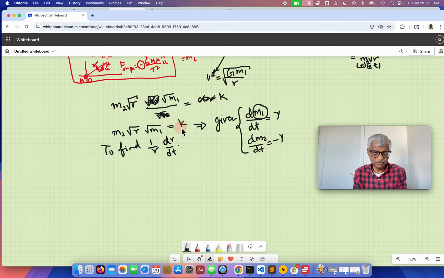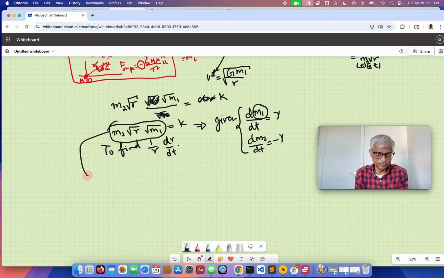This is a product of everything, so this is a product expression. You could take a log, or you can just do it straightforward. Let's do straightforward. I would do log and then just take a derivative.